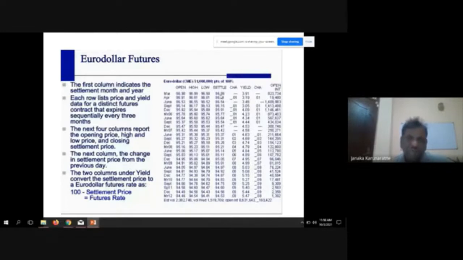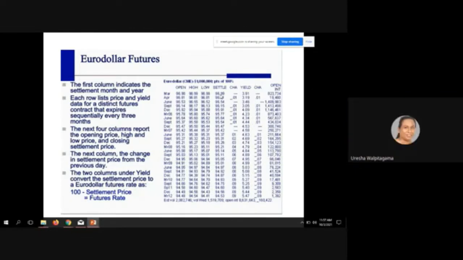So interest rate drops means what happened? Futures price. Can someone tell? Interest rate drops, what happens to the futures price?